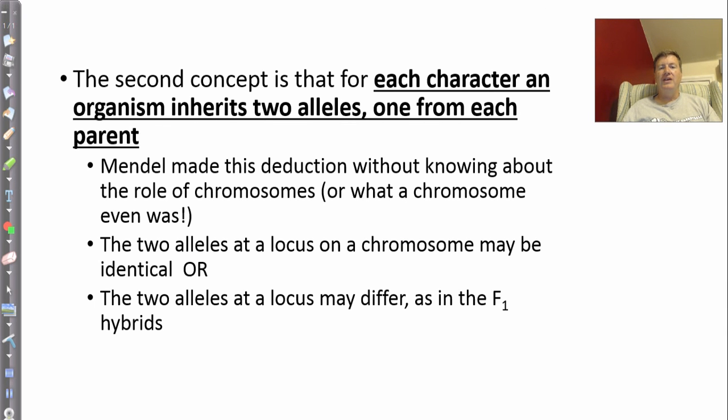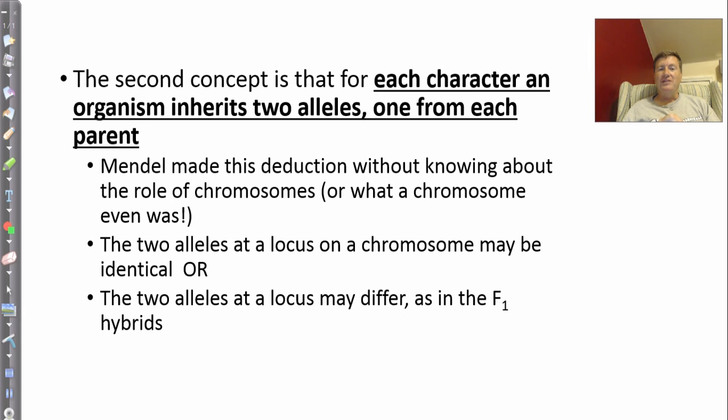Okay. The second conclusion he came to was that each character in an organism inherits 2 alleles, one from each parent. Again, it kind of makes sense to us today in 2015 that you get one version from mom and one version from dad. It wasn't necessarily clear in the 1860s.